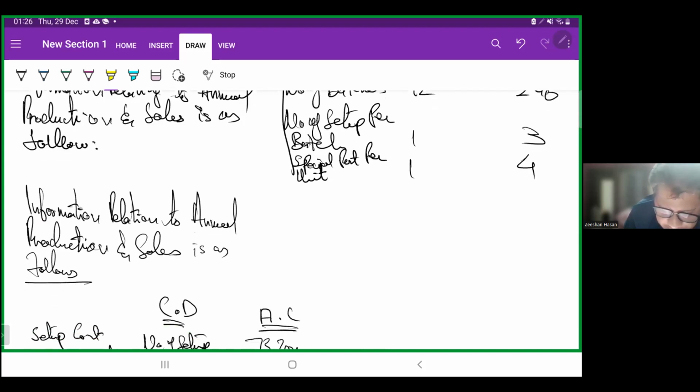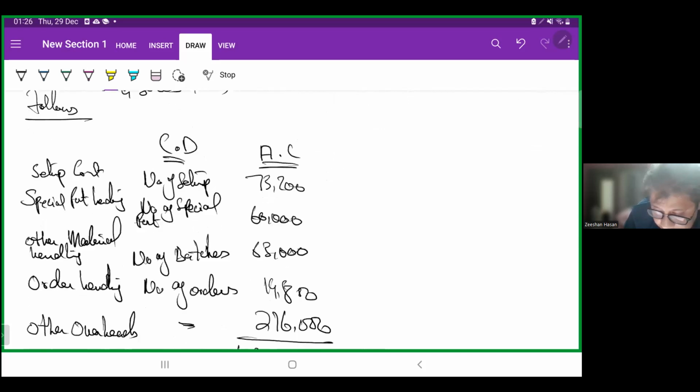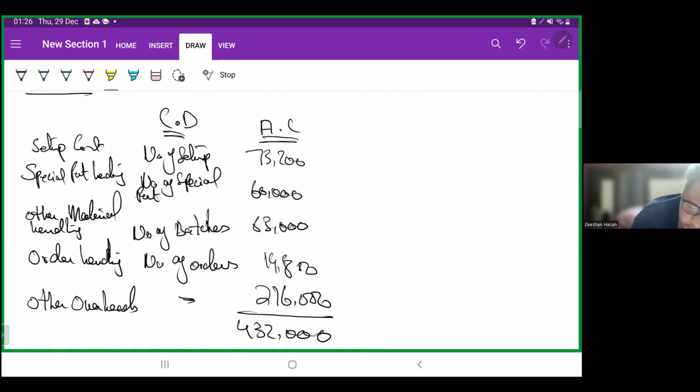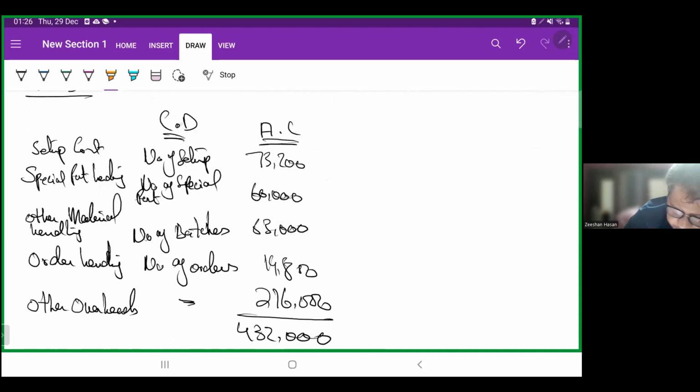Cost driver and annual cost. Setup cost, number of setups, 73,200. Special part handling, number of special parts, 60,000. Other material handling, cost driver is number of batches, 63,000.